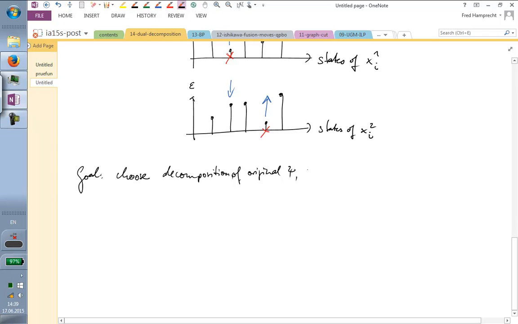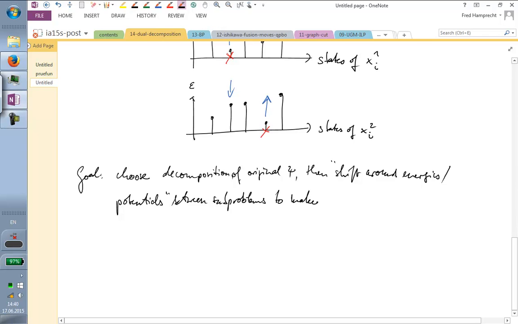We choose a decomposition of the original potentials, and we then shift around energies, putting quotation marks here, or shift around potentials between the subproblems, to make them agree on a labeling. And this will tighten my lower bound.